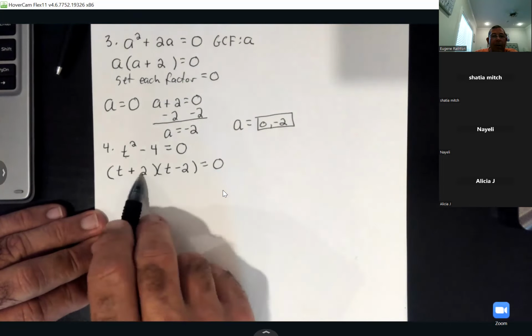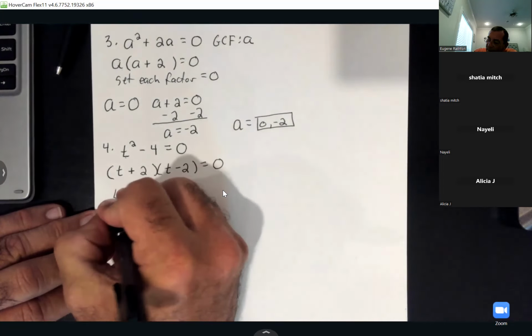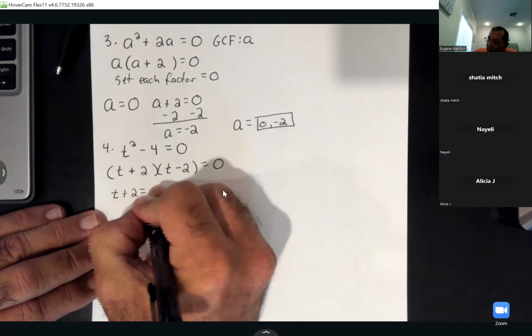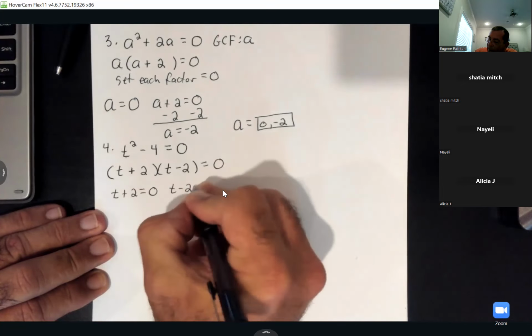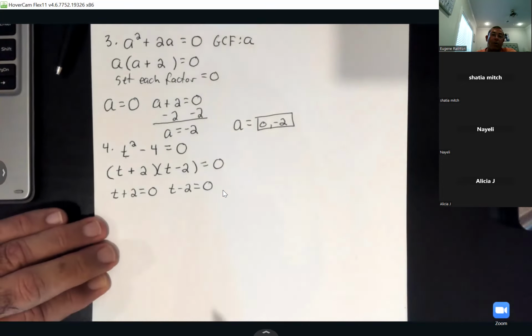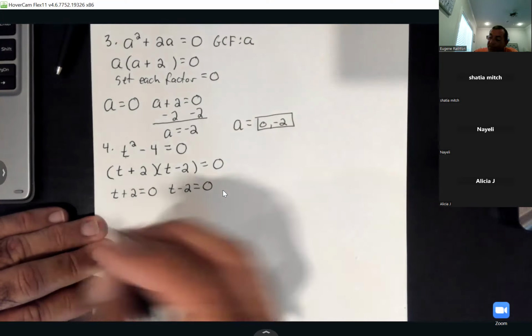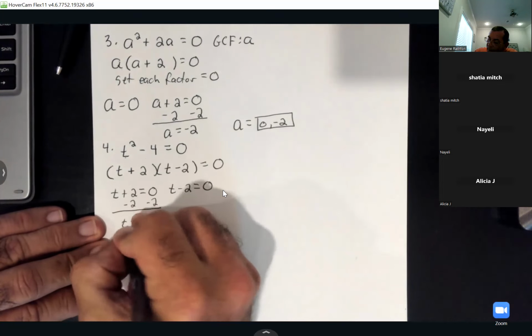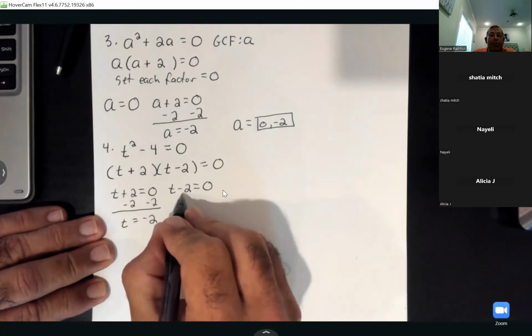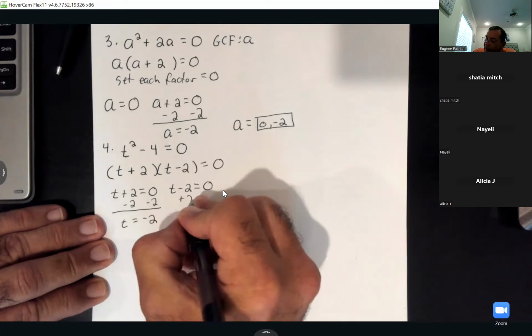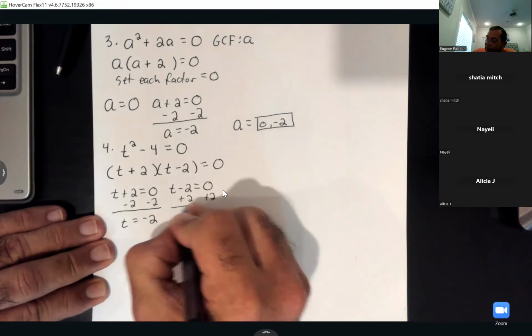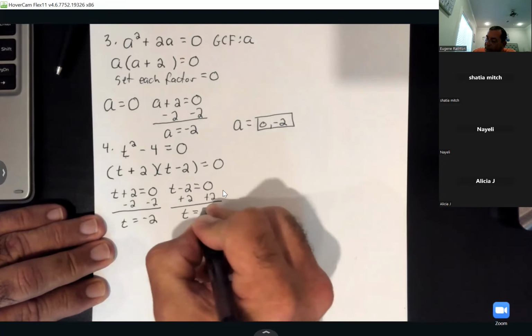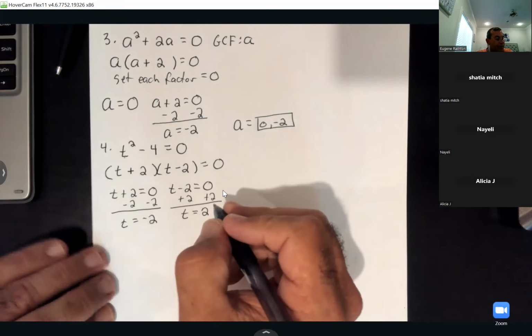All right, so now set both these equal to 0. So if you notice, I'm going to turn the positive factor negative by subtracting 2. Then I'm going to turn the negative factor positive by adding 2. So that I get t equals a positive 2.